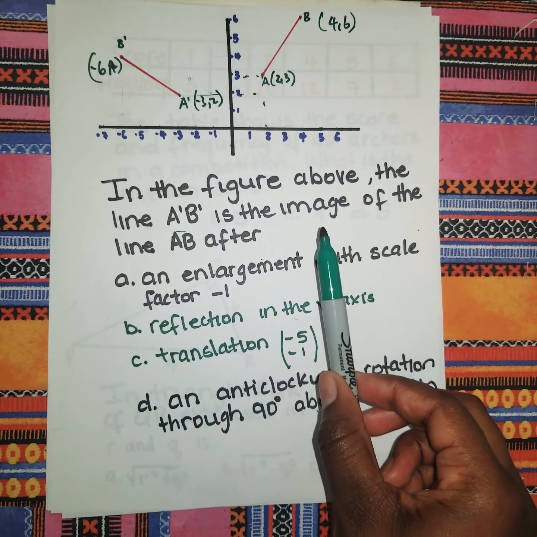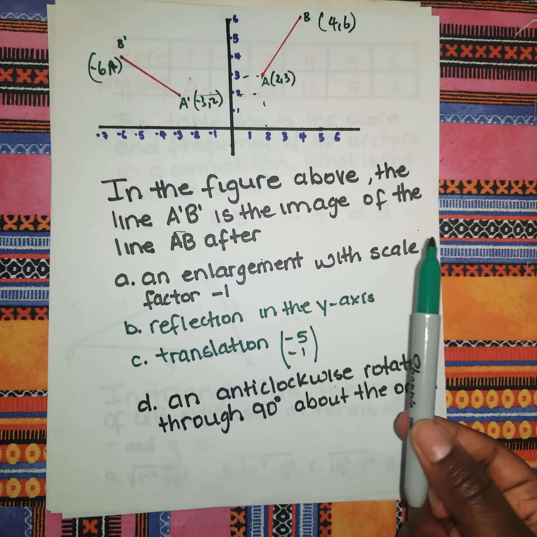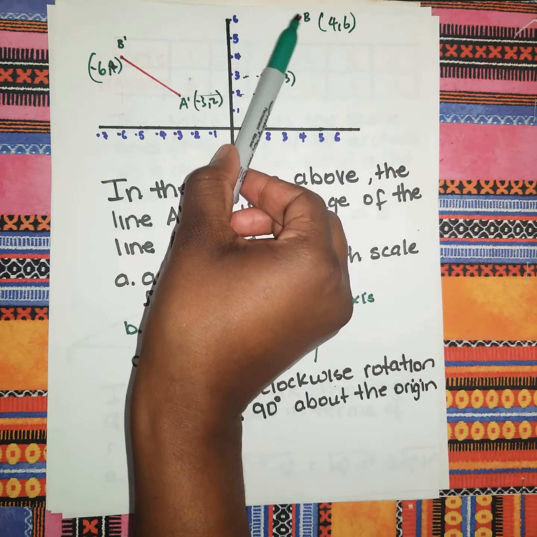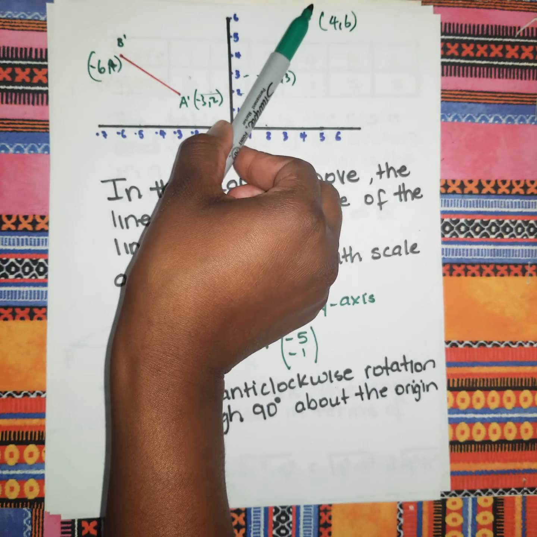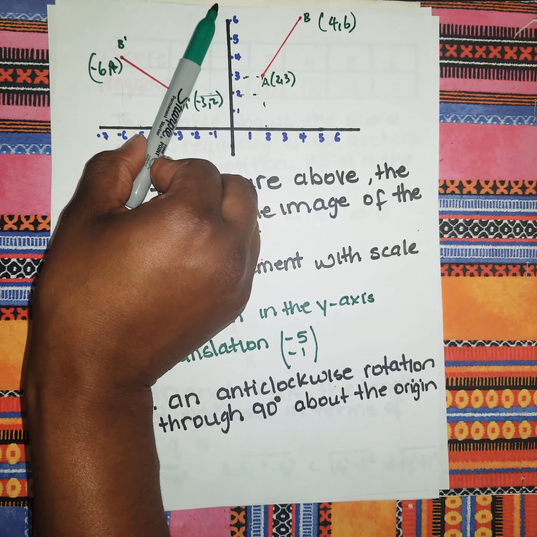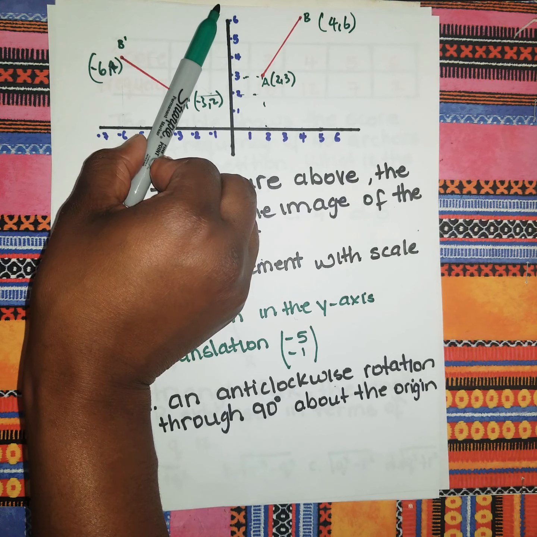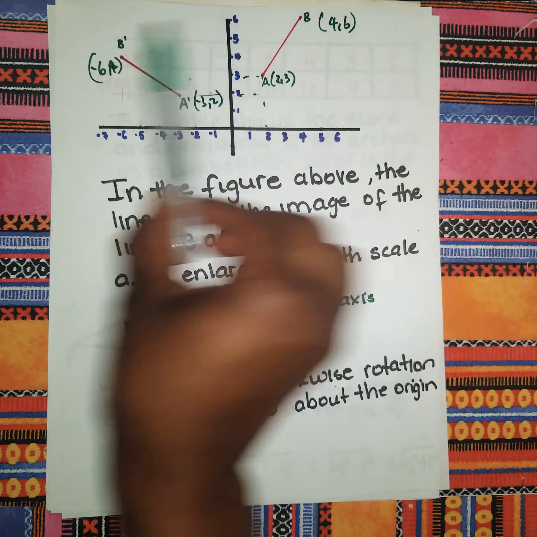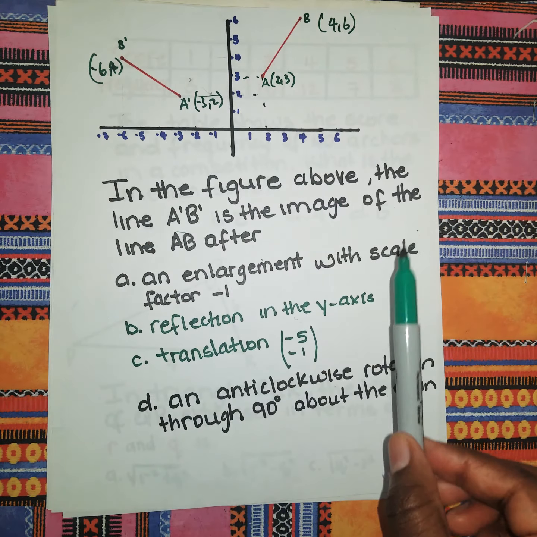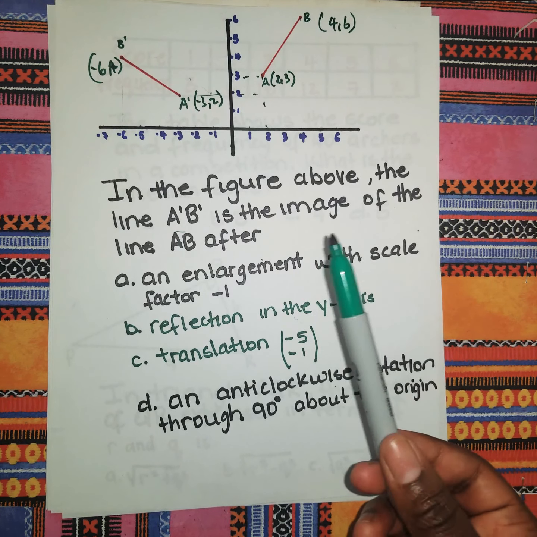But we realize that for translation, the shape should always be the same, and this shape is not the same as this one, as in the orientation. If you move it this way, it's supposed to look something like this as well. So it did not translate; the shape should be the same, and that didn't happen.